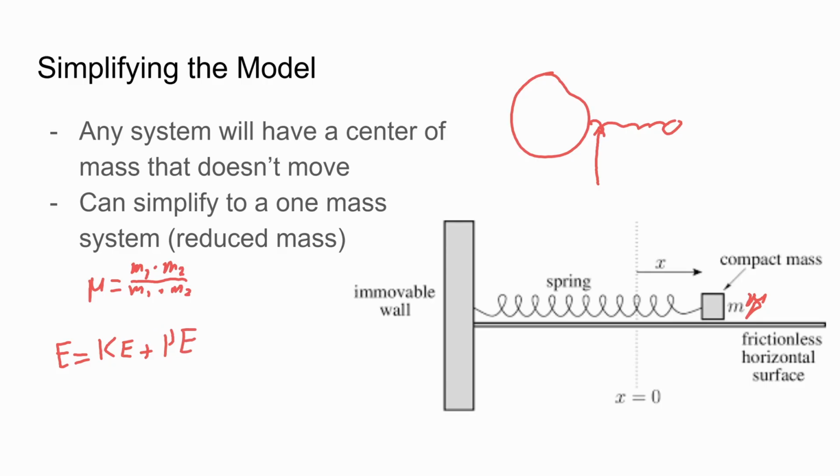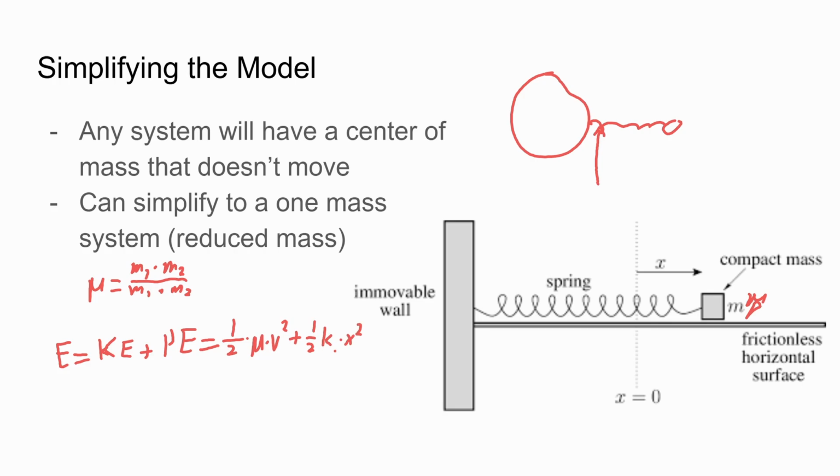Now, we can use our force constant and some other variables to write this a little bit more detailed. So our total energy is just going to be 1/2 times the reduced mass times velocity squared. This is just our kinetic energy, 1/2 mv squared, plus 1/2 kx squared.